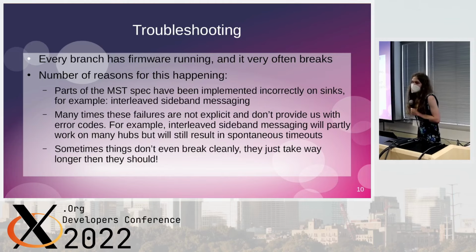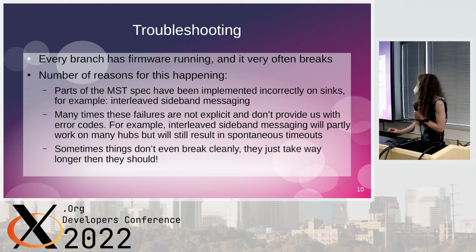For instance, there used to be the ability to send interleaved messages, which would basically mean you could queue up two messages at once and they would still be sent out at the same time. This is something we actually had to remove from our MST helpers entirely, because as it turns out, no one ever really implemented it correctly, but they got close, and this is where things start not breaking cleanly.